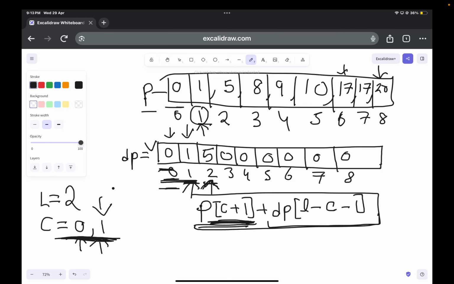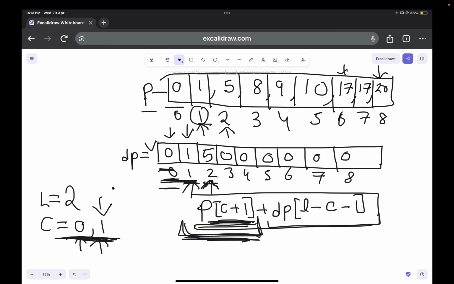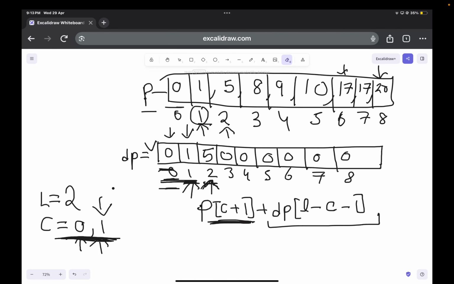For cutting 1, it is present in the second index. For cutting 2, this price is present in the third index. So I have to go C plus 1, third. C is cutting plus 1, so that you can get the actual price of that cutting. Are you understanding?